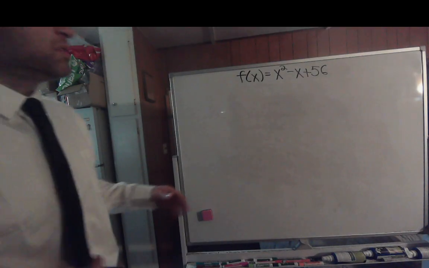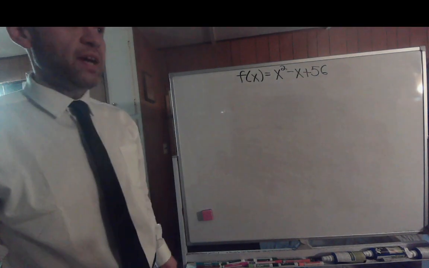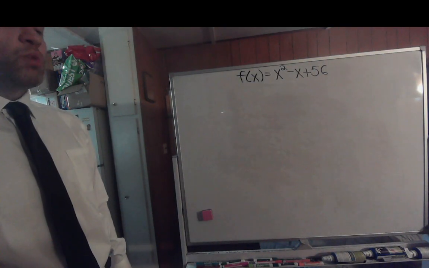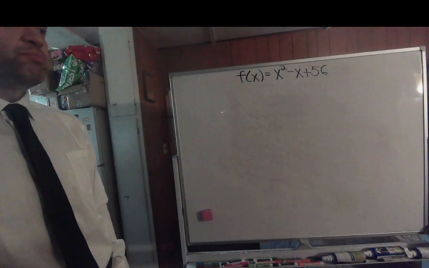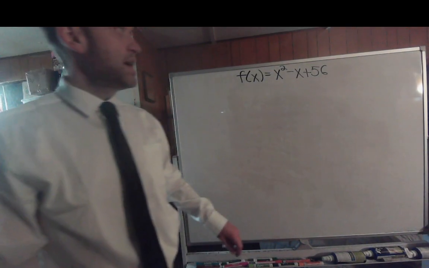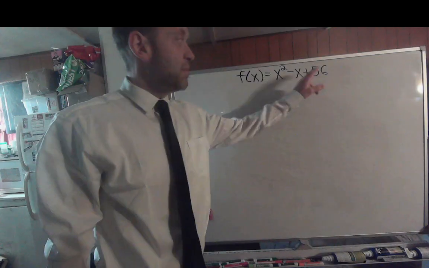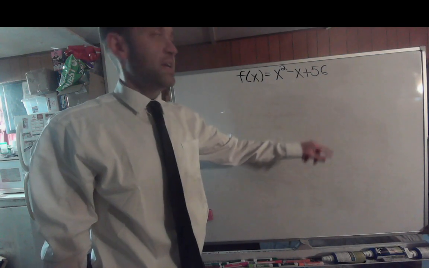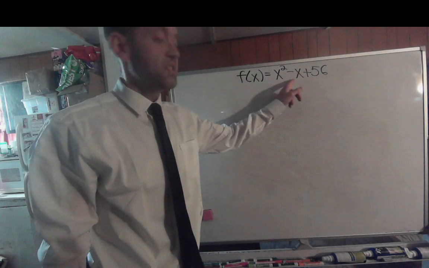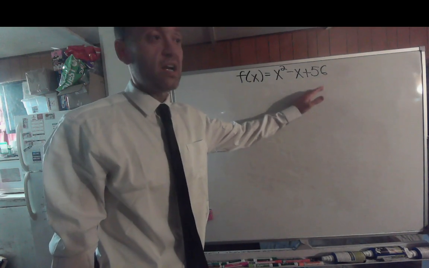And you might be looking at this and thinking it's going to factor. 7 and 8 are factors of 56. Well, here's the thing. If you have both x plus 7 and x plus 8, you would get a positive 15x. If you had x minus 7 times x minus 8, you would still get that positive 56, but you would end up getting minus 15x. So this is actually not going to factor.